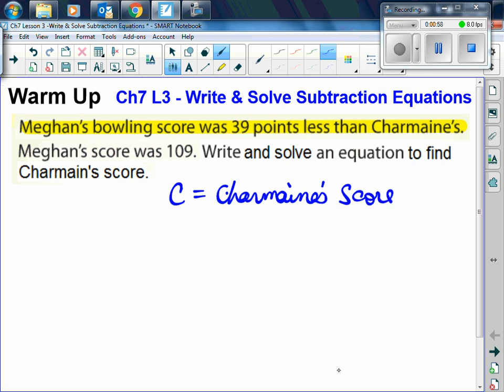Now, this says 39 points less than Charmaine's score. Okay? Megan's bowling score is 39 points less than Charmaine's score. So how do I write 39 points less than Charmaine's score?